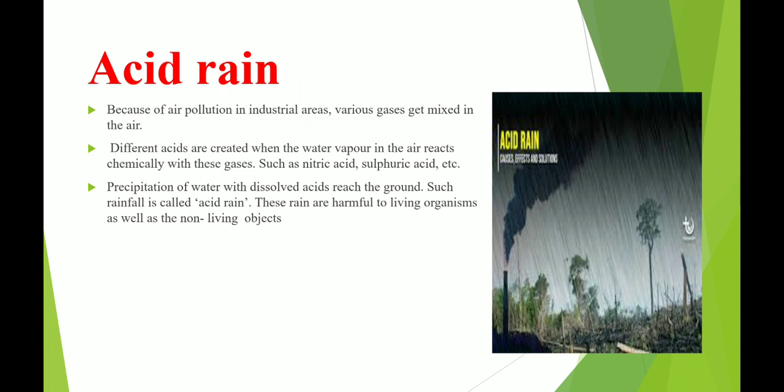Birds and animals also suffer due to acid rain. Microorganisms in soil get affected, and such soil becomes acidic and infertile. Non-living objects like buildings, structures, bridges and even statues get damaged due to acid rain. These are the effects of acid rain.